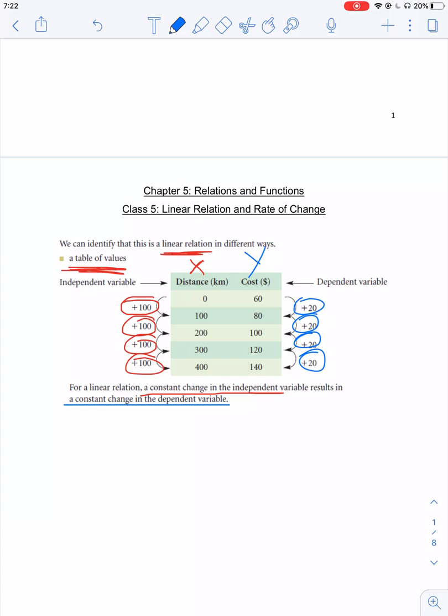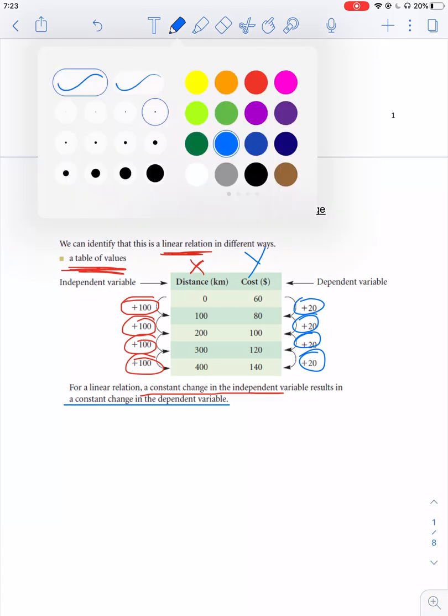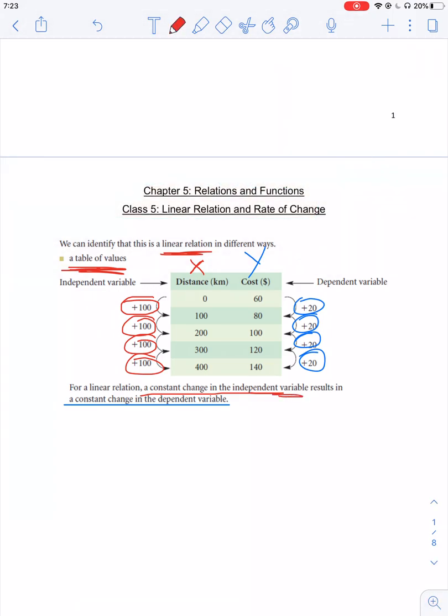Y is dependent: depending on the value of x, your y will change. So this is one way to see that it's a linear function. The change is constant. For a linear function, a constant change in the independent variable will result in a constant change in the dependent variable.